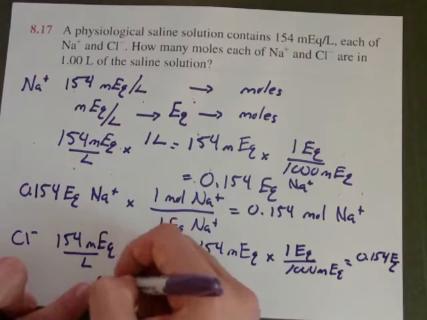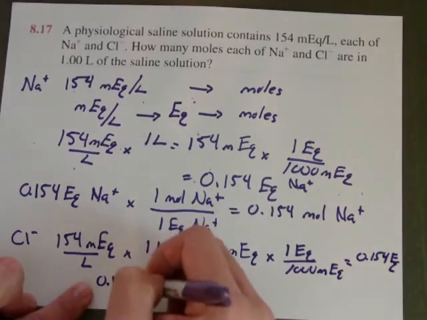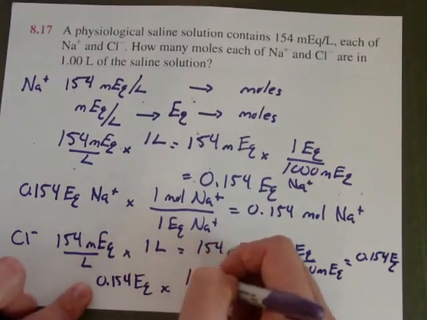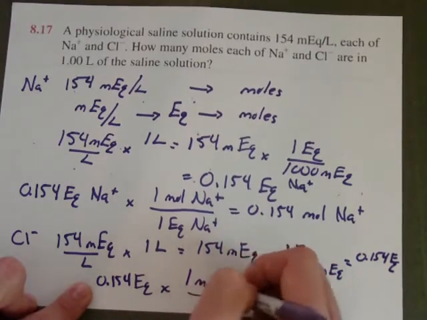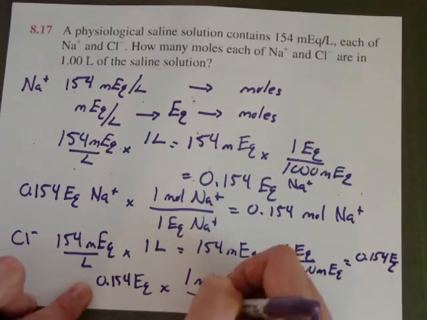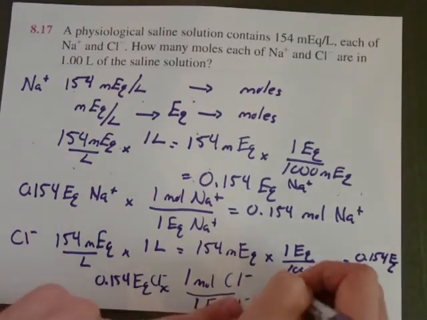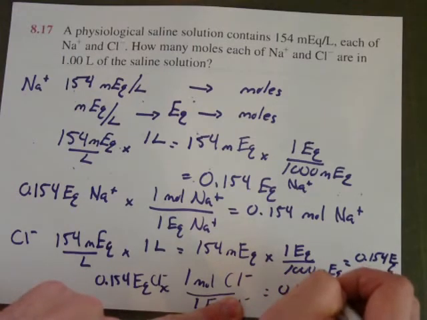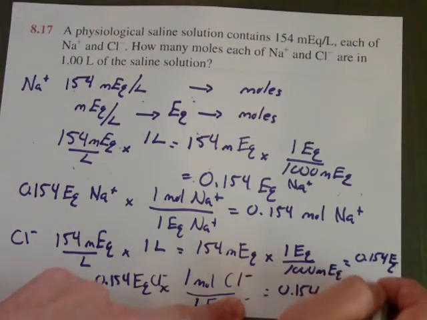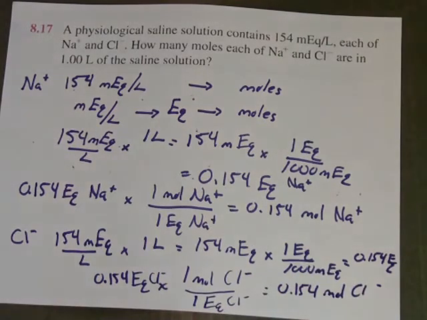And so we have 0.154 equivalents times 1 mole of Cl minus per 1 equivalent of Cl minus. And we get 0.154 moles of Cl minus. And again, that 1 mole of Cl minus per 1 equivalent comes from the -1 charge. There's only 1 charge coming from the Cl. And so that's how you would solve a question like that.